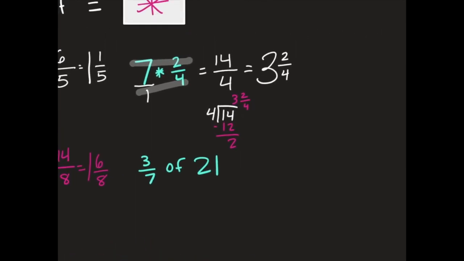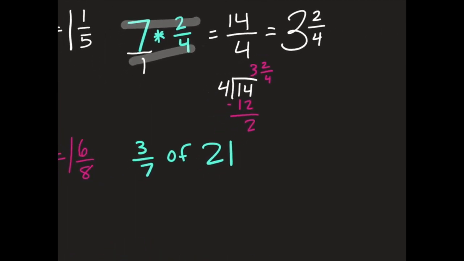And my last example, 3/7 of 21. I see that word "of," and I know that I'm multiplying. I'm going to put my whole number over 1, and now I'm able to multiply across. And this is going to be a little bit of a bigger answer here. So 3 times 21, that's going to equal 63. 7 times 1 is going to equal 7.